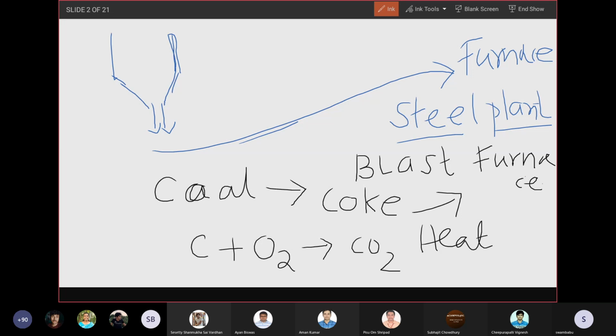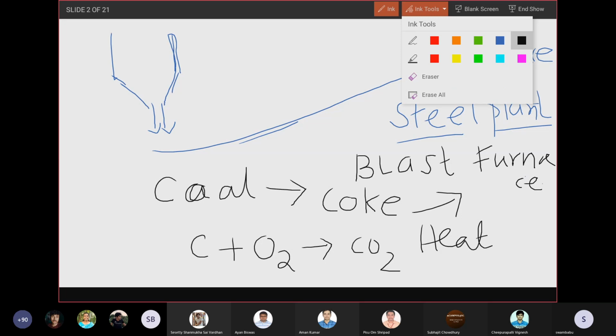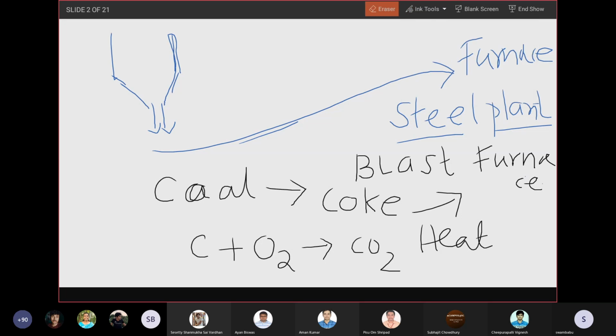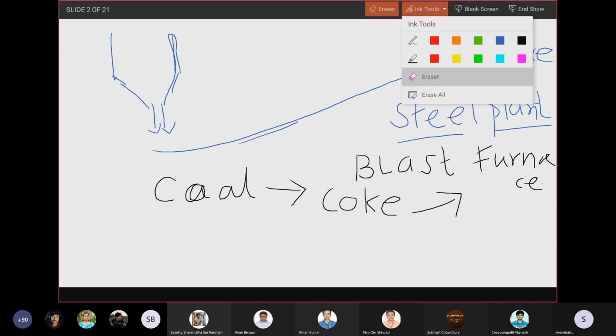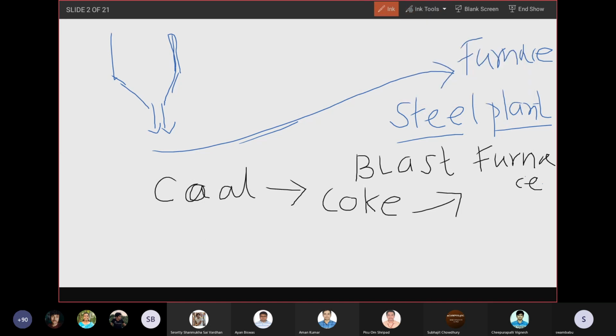So they supply coke particles along with this ore in the blast furnace to heat the ore. This is the blast furnace, a big furnace, and they feed coke.